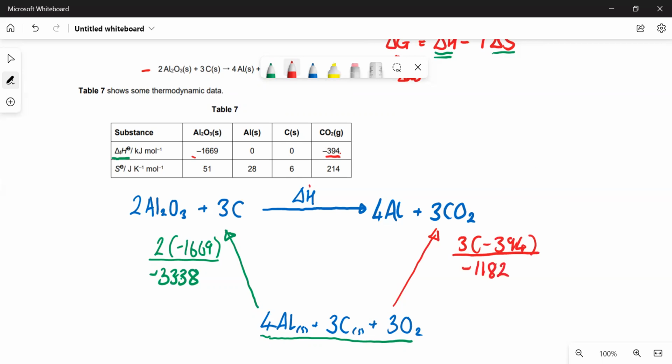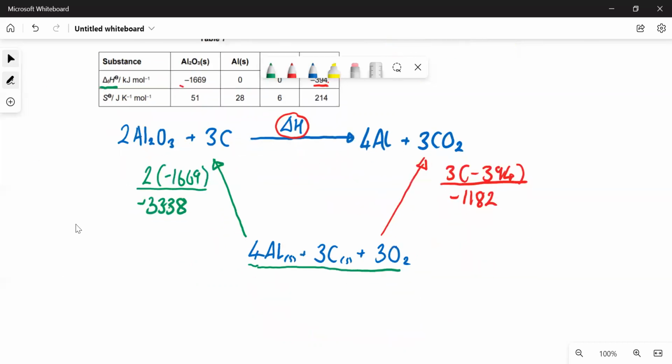Now we want to work out this value of delta H. Scroll up a little bit. Delta H, the blue delta H. We are going against this green arrow, aren't we? So we're going to change the sign there, so that becomes a positive 3338.